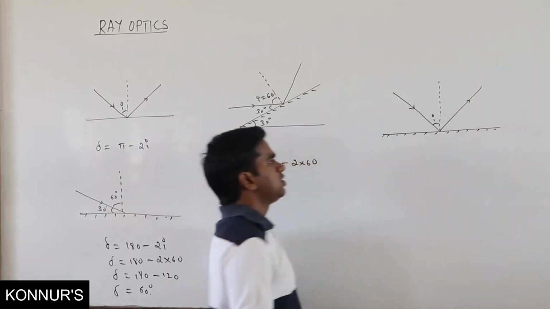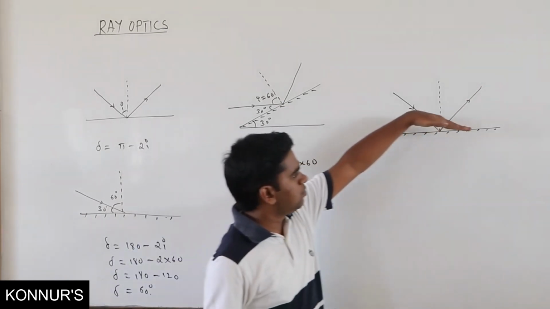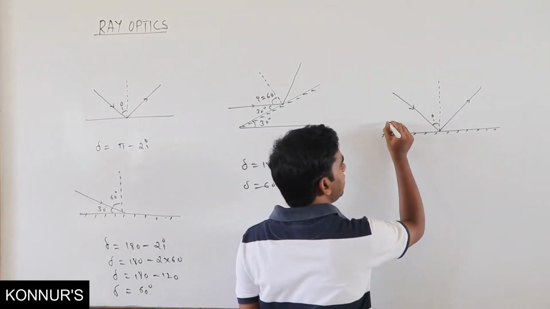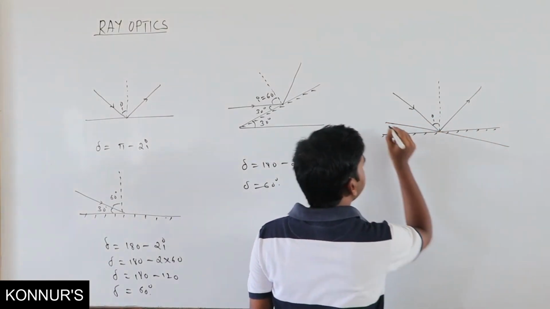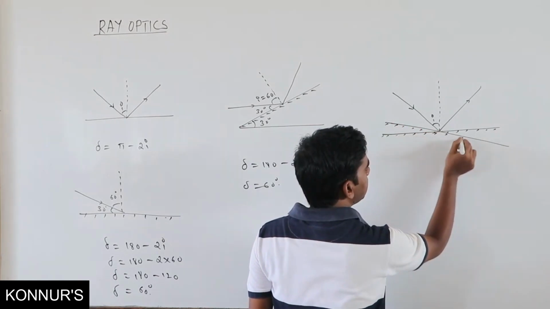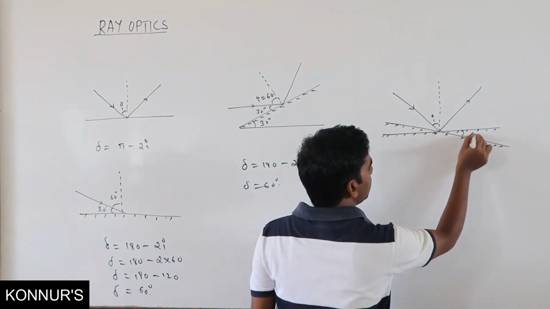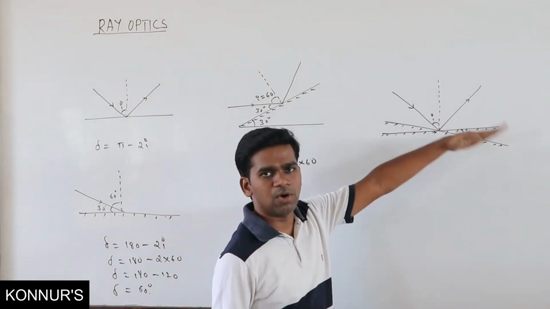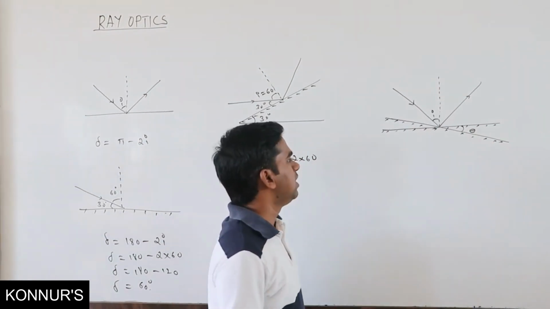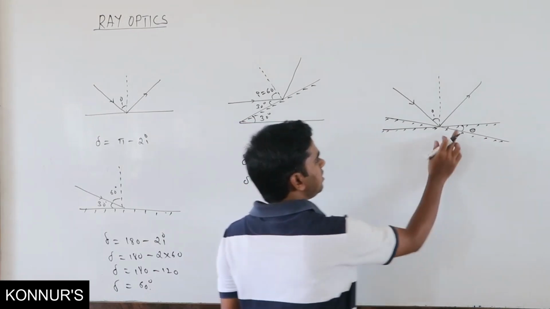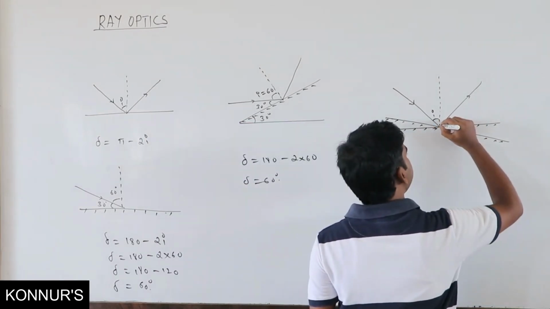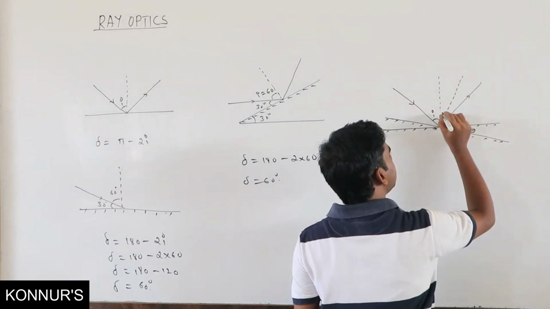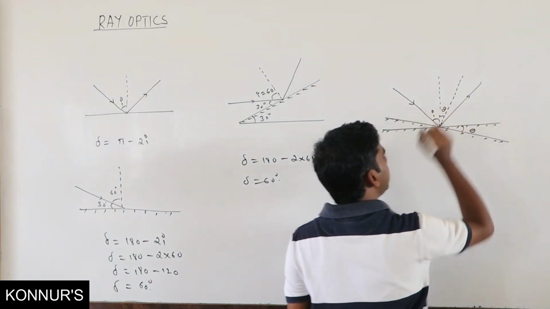Now if I rotate the mirror by an angle theta, they will ask how much the reflected ray will rotate. So if this is theta, then the normal will shift here. Normal is going to be at this point. So what is this angle? This is going to be theta.